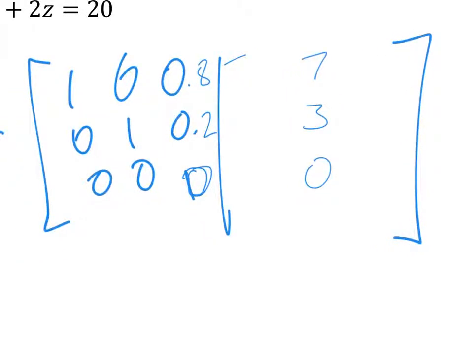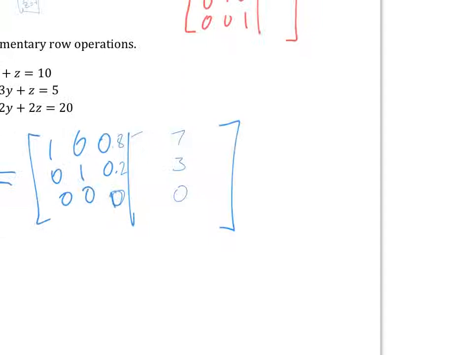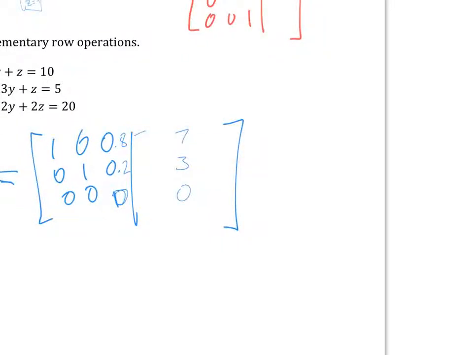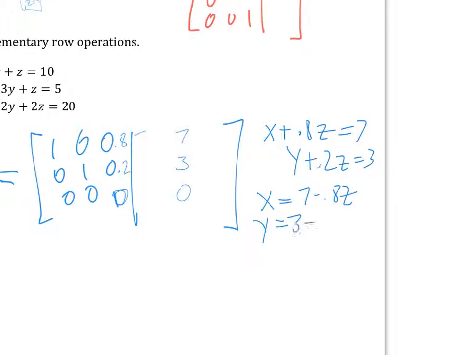So these equations that we have left here are x plus 0.8z equals 7, y plus 0.2z equals 3, and solving these, we just get that x is equal to 7 minus 0.8z, y is equal to 3 minus 0.2z, and z is just z.